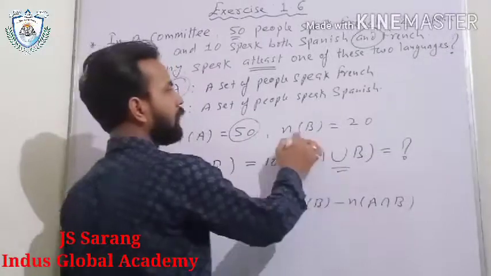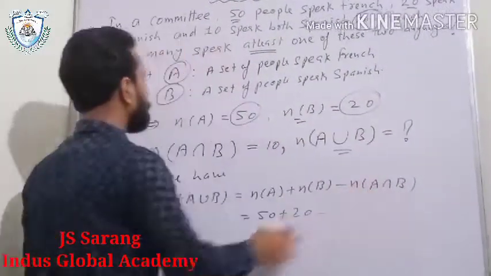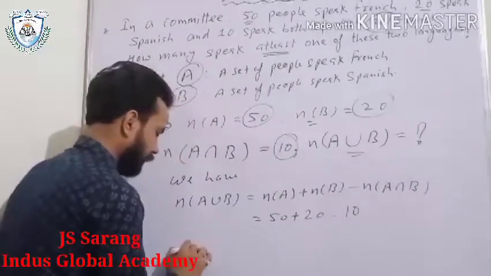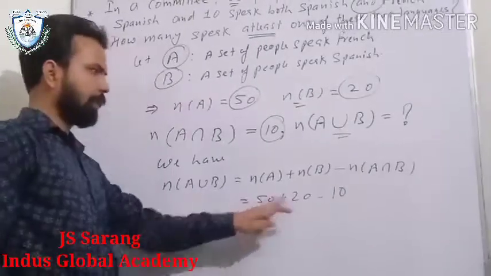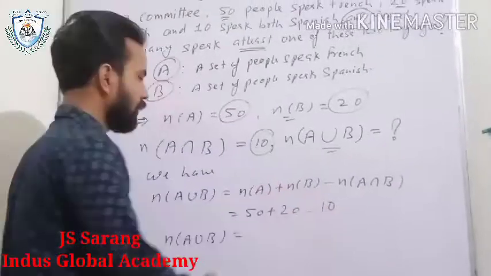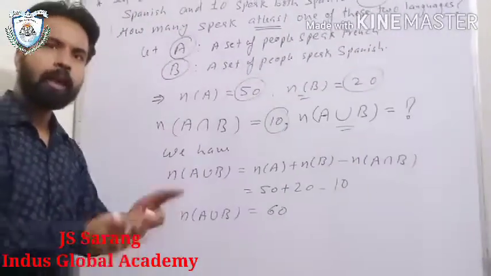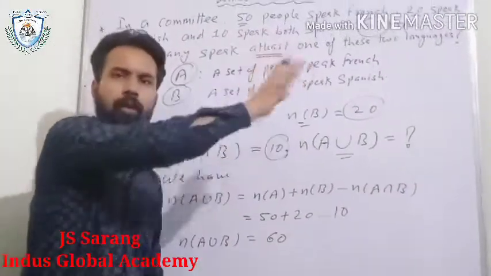Plus n(B), the number of elements in B, is 20. Minus n(A intersection B), that is 10. Now n(A union B) equals 50 plus 20, 70, minus 10, that is 60. So there are 60 people who can speak at least one of these two languages.